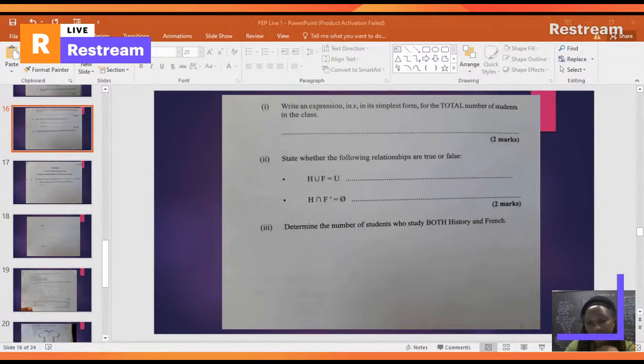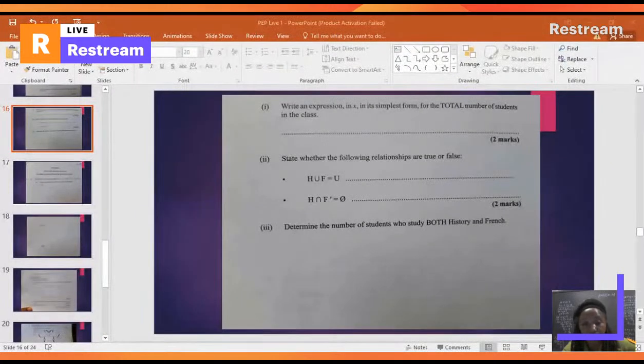What is the question really asking? It's saying if we combine set H with set F, that's what they mean by H union F, that would give us everybody in the class, the universal set.